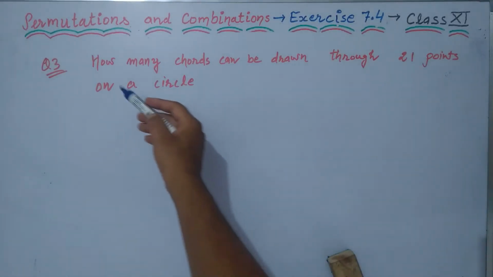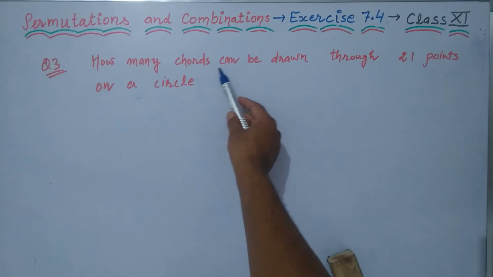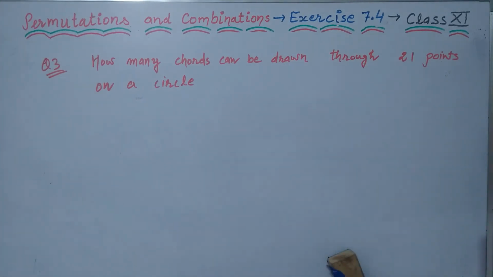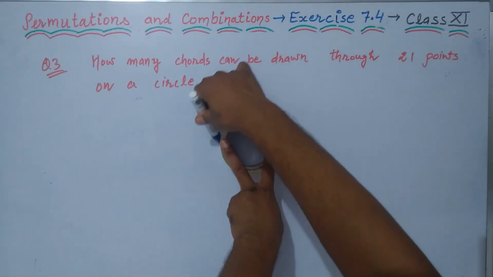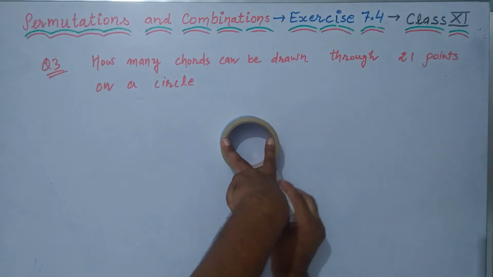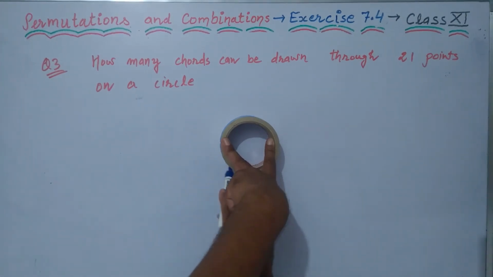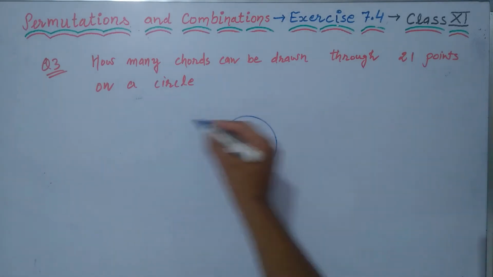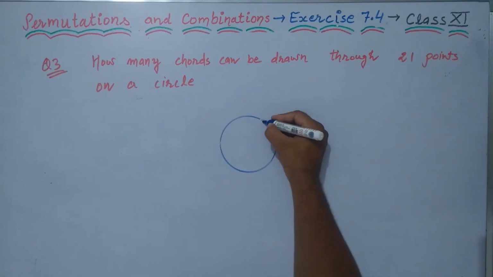Question number 3 is, how many chords can be drawn through 21 points on a circle? So my dear students, first of all, suppose I have one circle. This is any circle. Now I take 21 points on this circle.